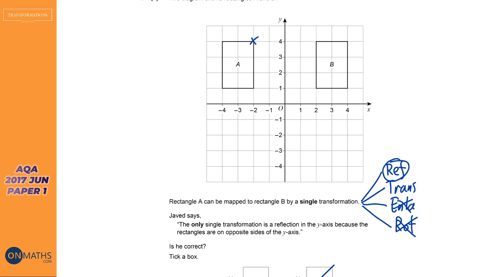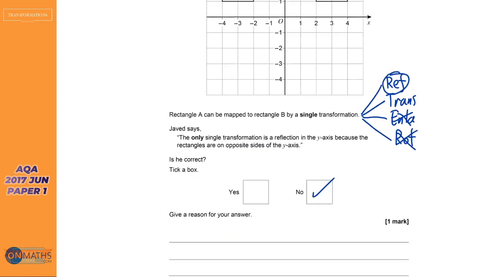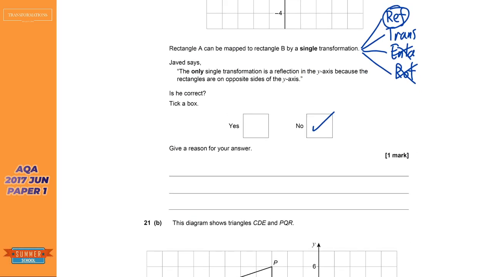So you pick the same point on both shapes, and you start at A, and you count how many jumps to the right. So 1, 2, 3, 4, 5, 6 jumps to the right to get to the same point. So it's gone 6 right. So we need to write that down.